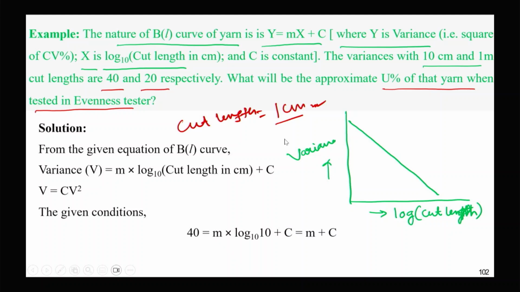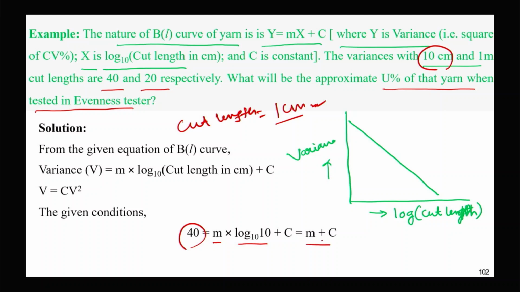The variance is 40 for the first yarn with a 10 centimeter cut length, so 40 is the variance, M is constant, log 10 and C. Log 10 means 1, so M plus C is 40.